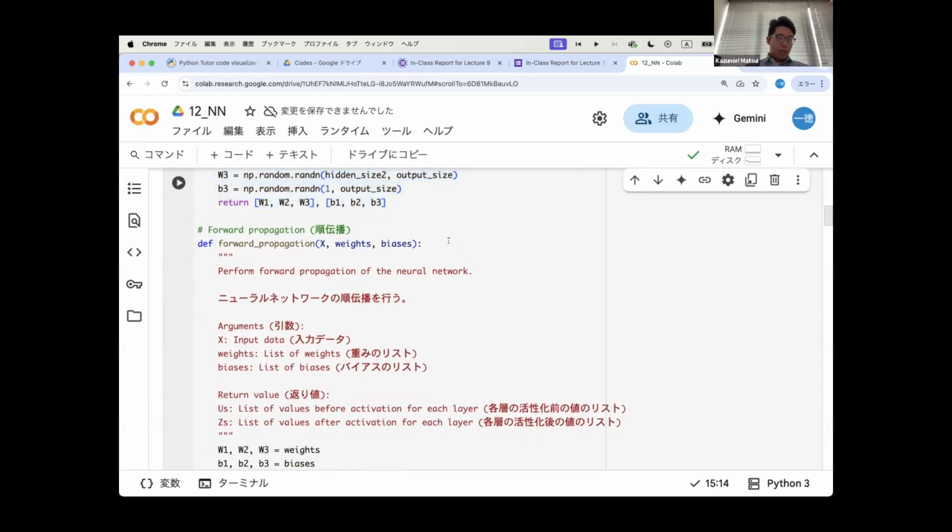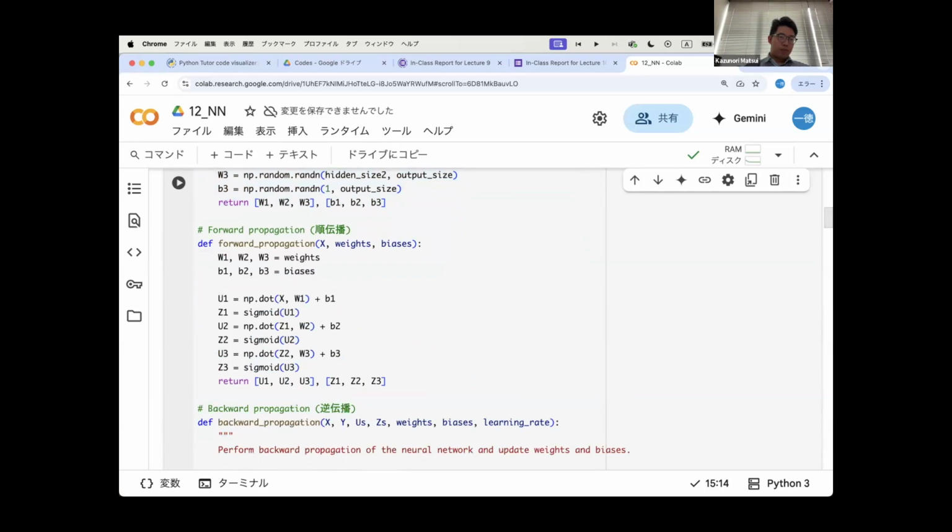Next, we prepare a function that performs forward propagation of the neural network using those weights and biases. The content is simple. For input x, we multiply by weight and add bias.